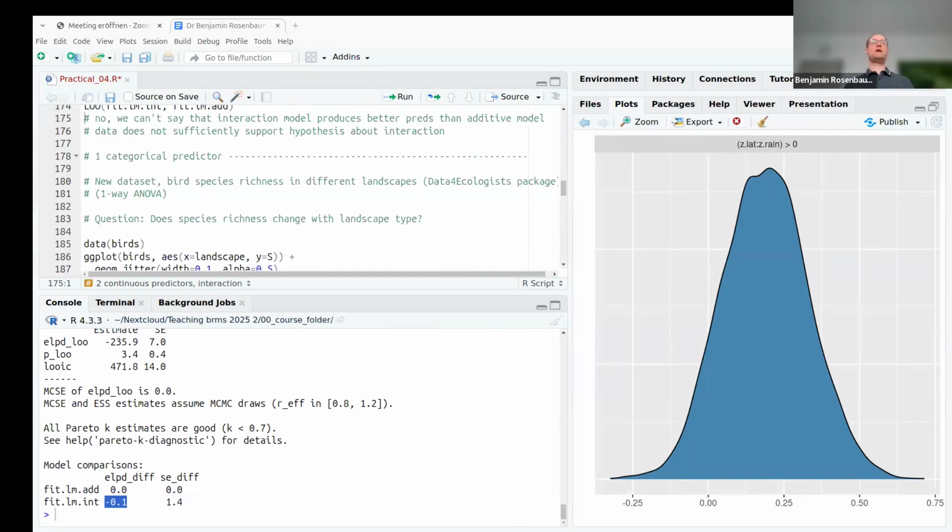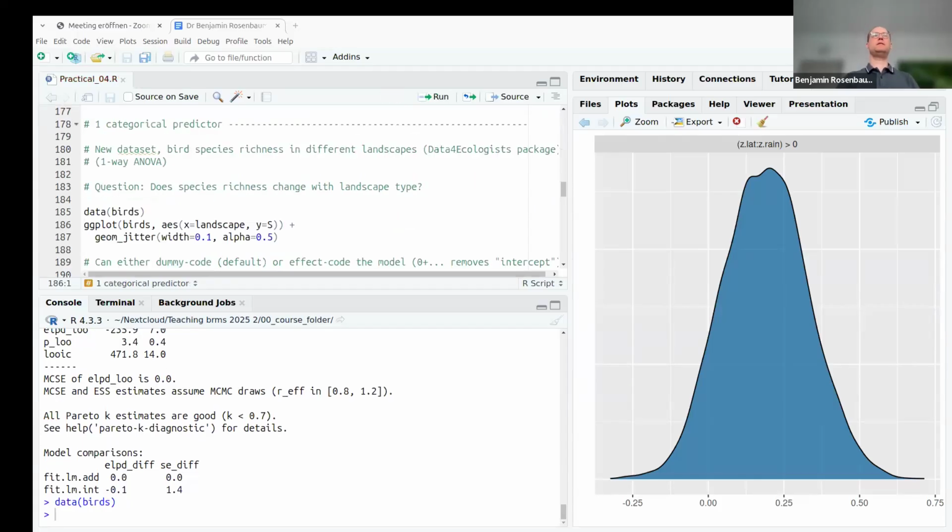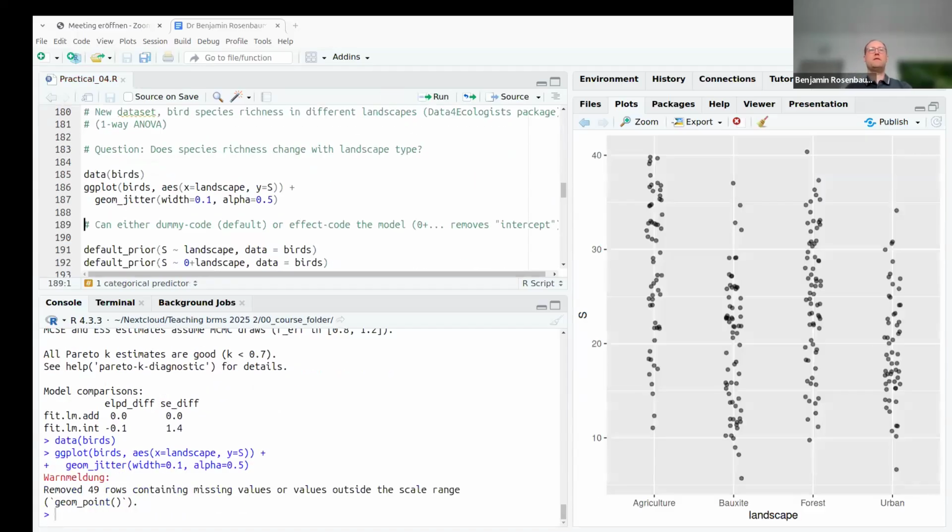Yeah, so the next thing I want to talk about is a categorical predictor, and specifically to check what the prior means in this case. So we have another data set now, the bird data set, and here we have the 4 landscapes and the species richness.